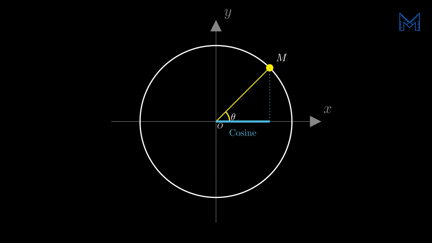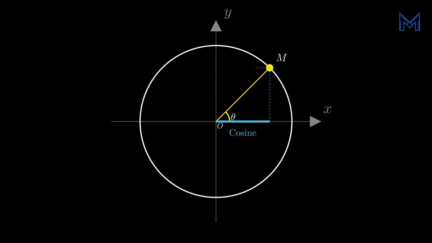This signed distance can be positive or negative. If the projection of point M lies on the positive side of the x-axis, then the cosine is positive. If it lies on the negative side, then the cosine is negative. In other words, the cosine of theta represents the horizontal coordinate of point M.